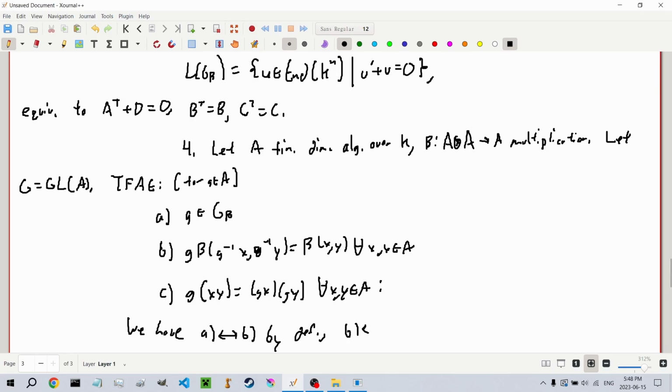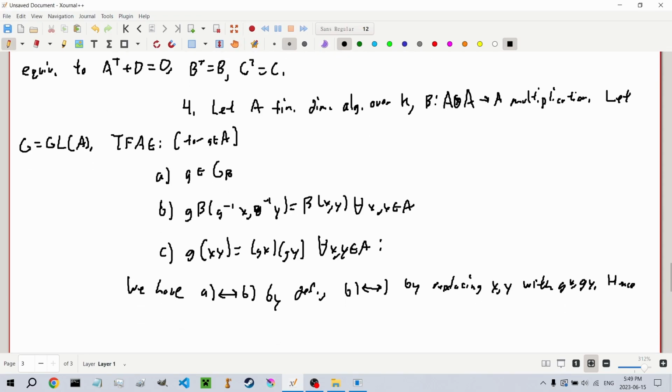And B and C by replacing X and Y with GX and GY. Hence, G beta, the automorphism group, is just the automorphism group of our A.